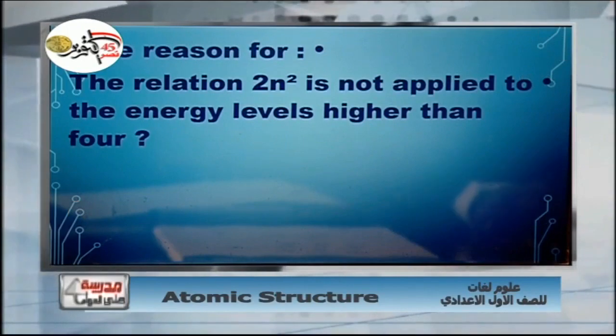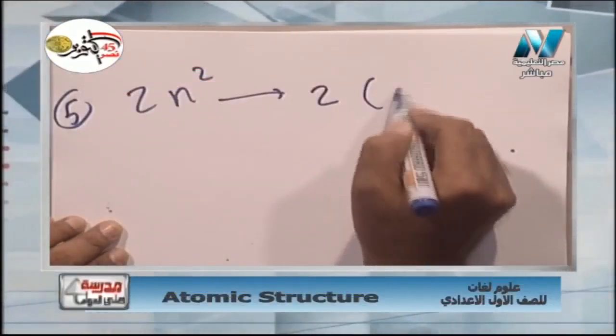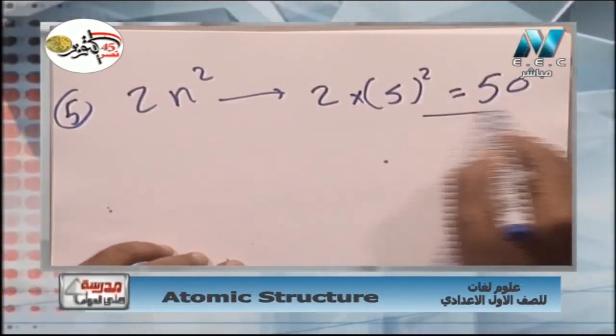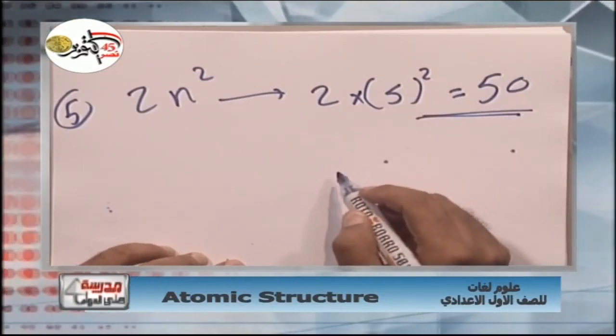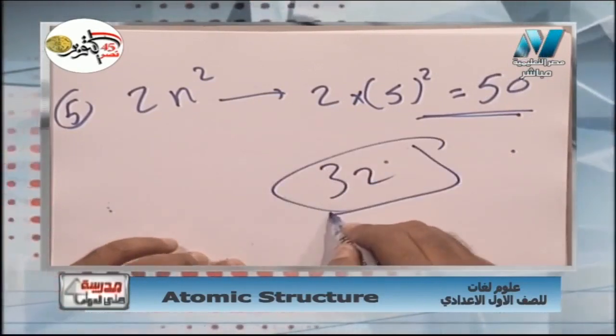But this relation is not applied to energy levels higher than the 4th one, because if the 5th one were controlled by this relation, it would be 2 times 5 squared, which is 50. But it's not so in fact, because if any energy level carries more than 32, it will be unstable, and this atom will decompose and be no more.